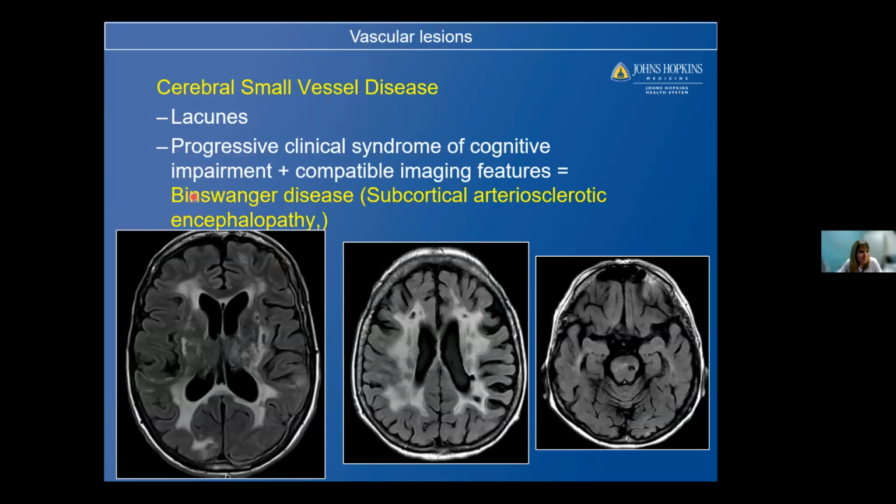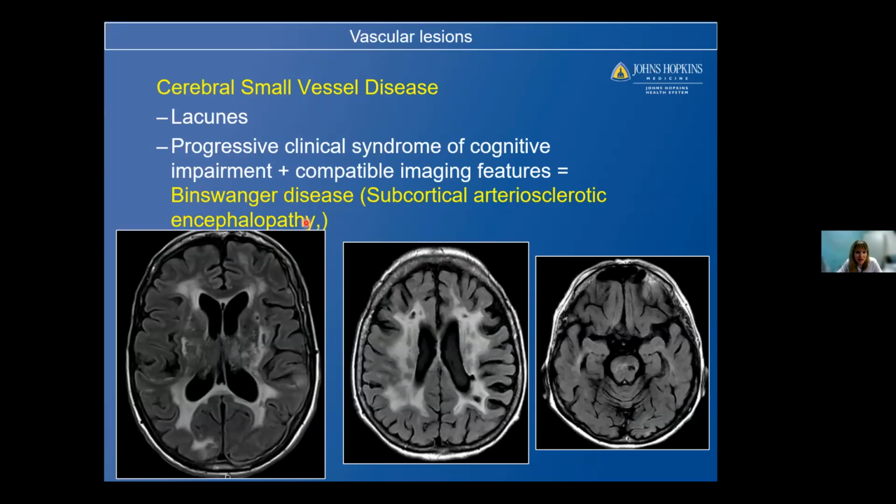There's this term Binswanger disease, which has actually fallen in popularity, and I don't know if you have ever heard of it. This is better known as subcortical atherosclerotic encephalopathy.